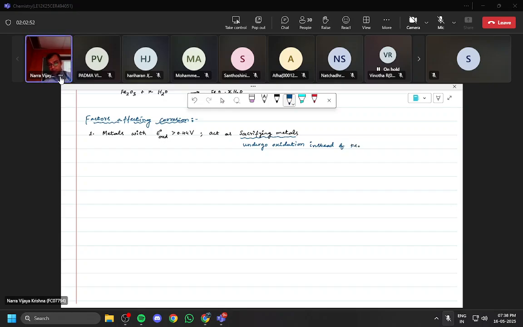Any questions? And that potential applied, we call that the sacrificing potential. So the sacrificing potential for protecting iron is greater than 0.44.